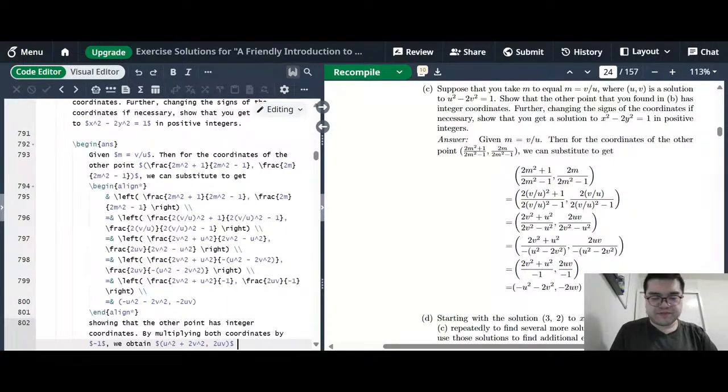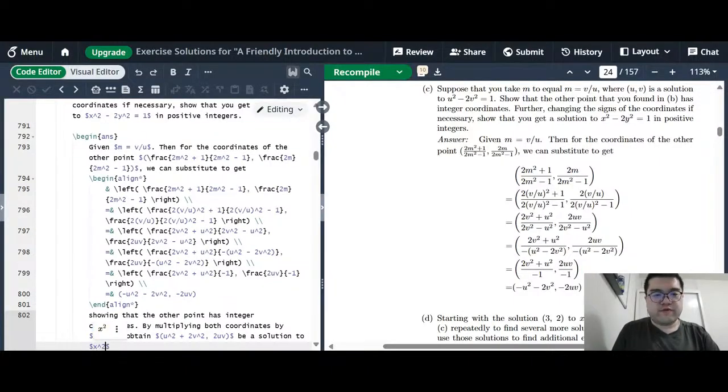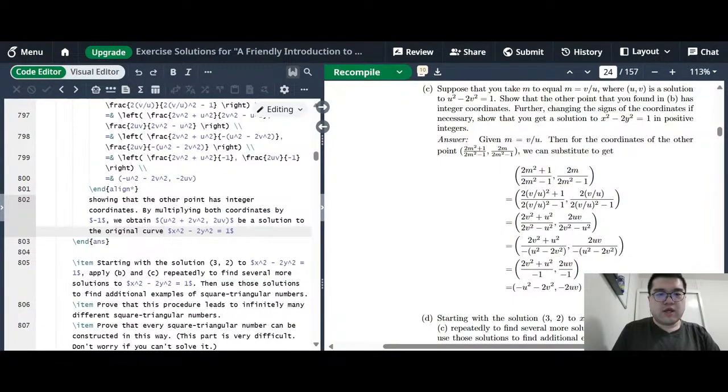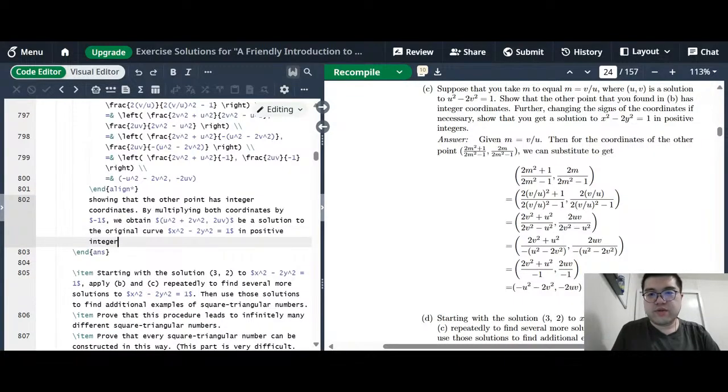Be this a solution to the original curve, 2x squared minus 2y squared equals 1. Well, we can kind of name it original curve, in positive integers.